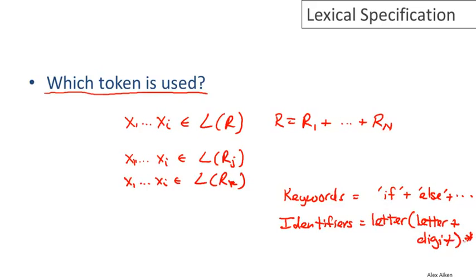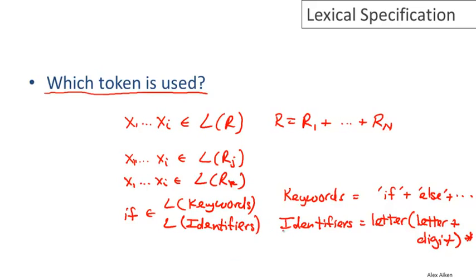If you look at these two specifications, you'll see that the string if is in both of them. It is in the language of keywords, and it's also in the language of the identifiers. So should we treat if as a keyword or an identifier? The normal rule in most languages is that if it's a keyword, then it's always a keyword, and the identifiers actually don't include the keywords.